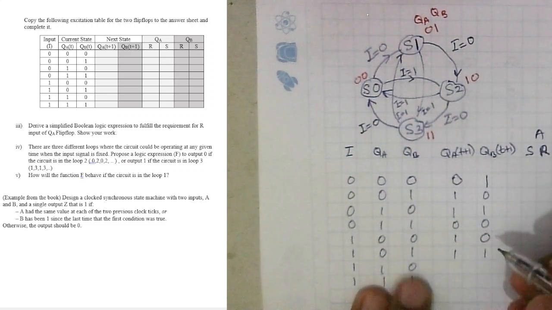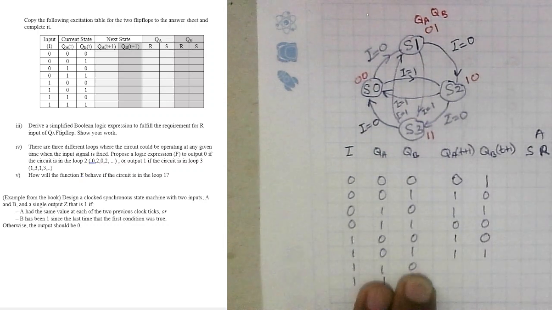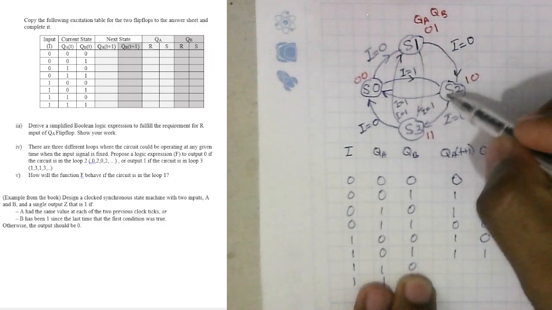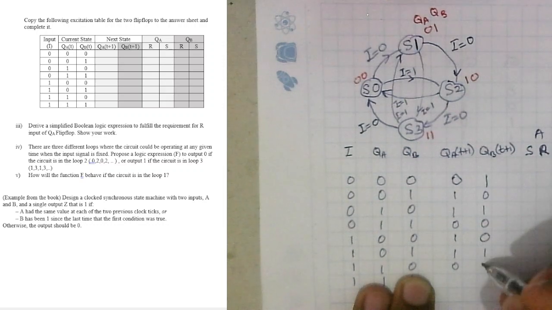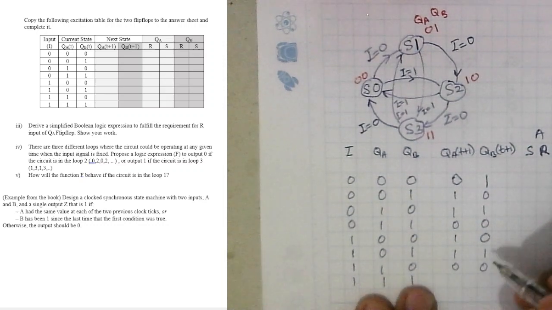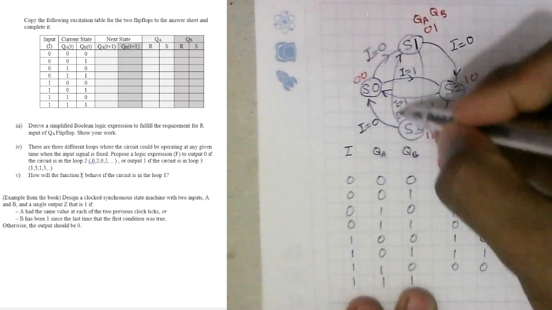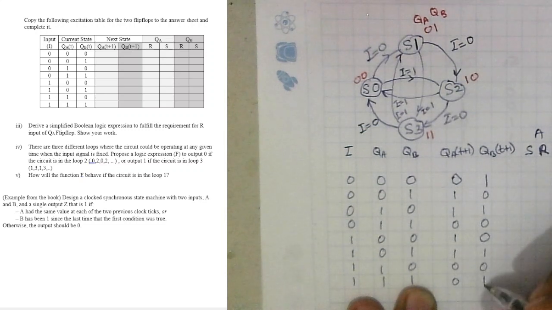Okay. Again, we are considering another transition from 1 0 at input 1. 1 0 is S2, input 1 is this transition, so it's going to be 0 0. At 1 1, if there is a 1 as input, it's going to be this transition, so we are going to 0 1.